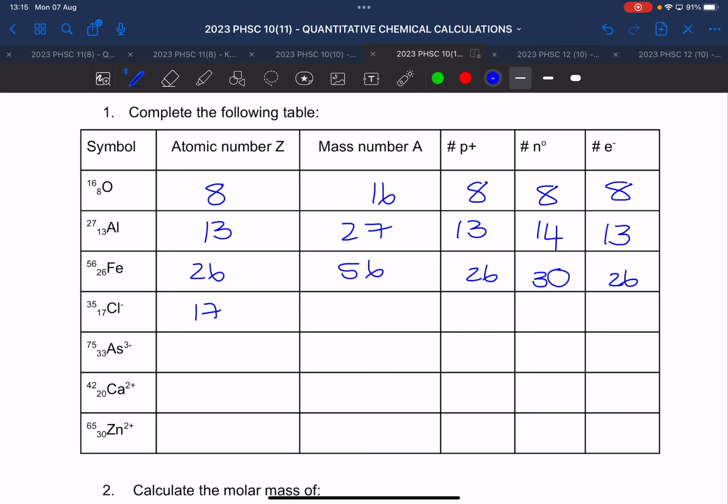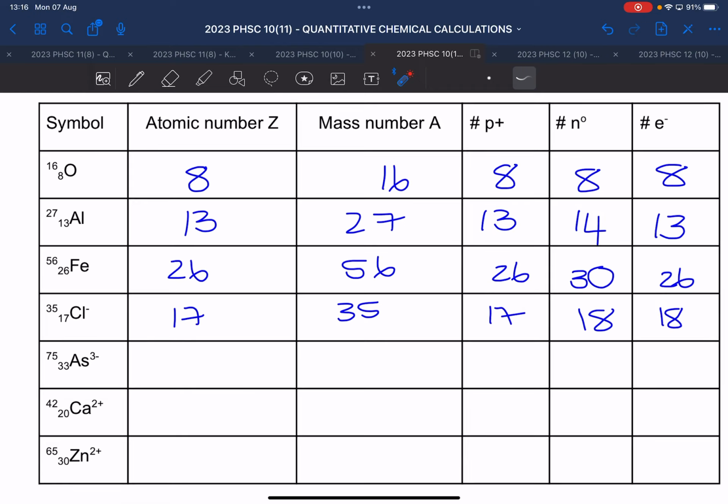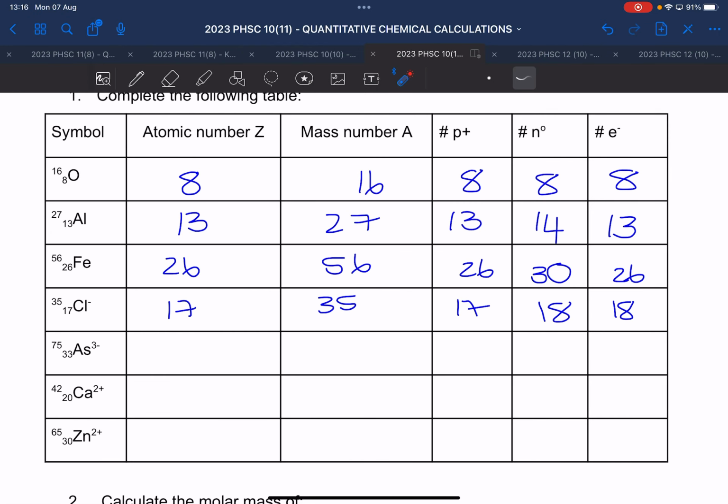Mass. 35. Protons. 17. Neutrons. And electrons. How did you get to 18? It's 35 minus 17. No, that's the neutrons.